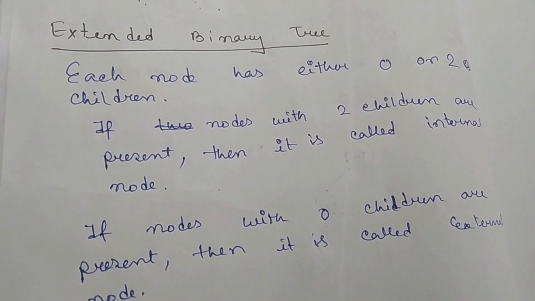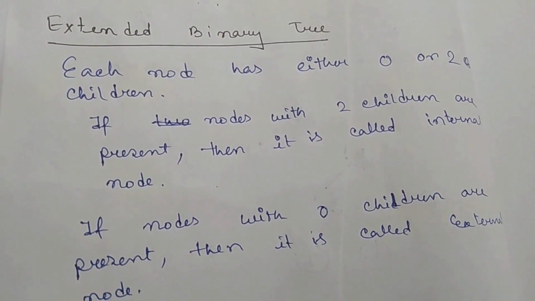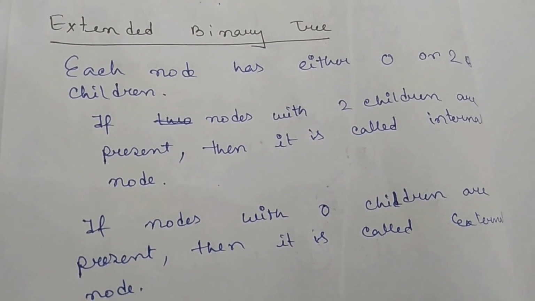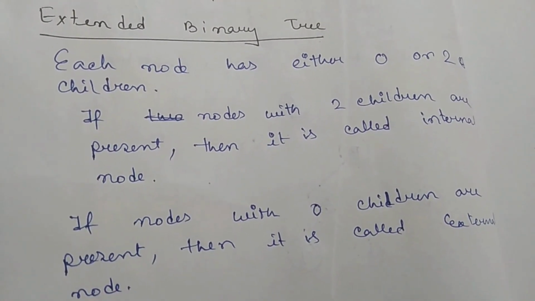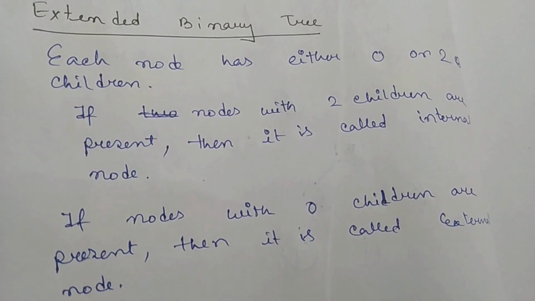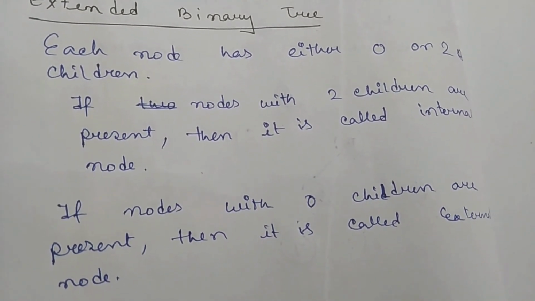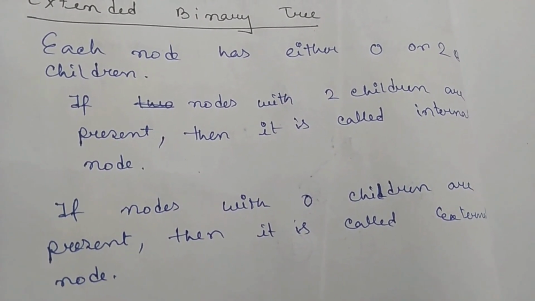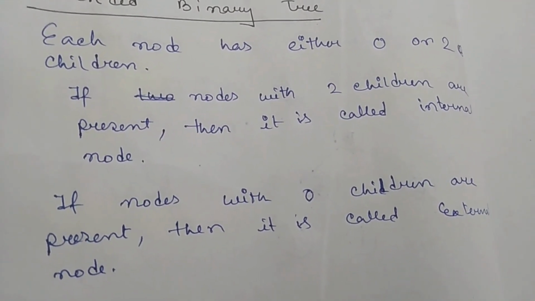Next binary tree related topic is extended binary tree. Now what is the definition of extended binary tree? In that case, each node has either 0 or 2 children. Okay. Now if a node holds 2 children, then it is called an internal node, or if the node holds 0 children, then it is called an external node.